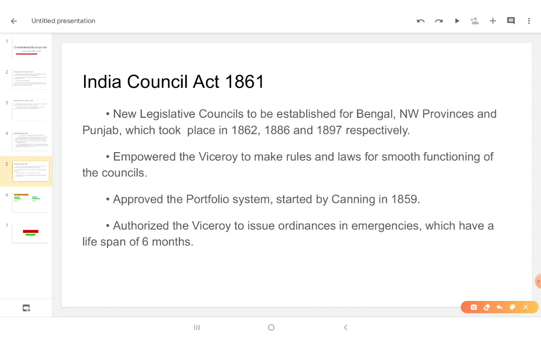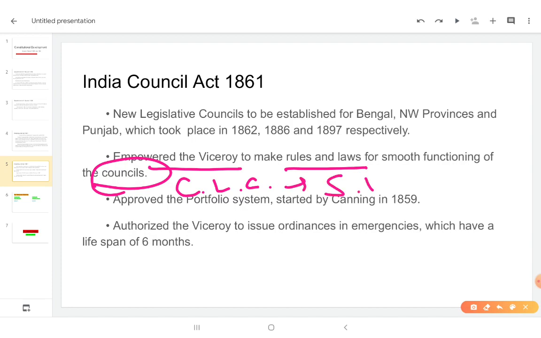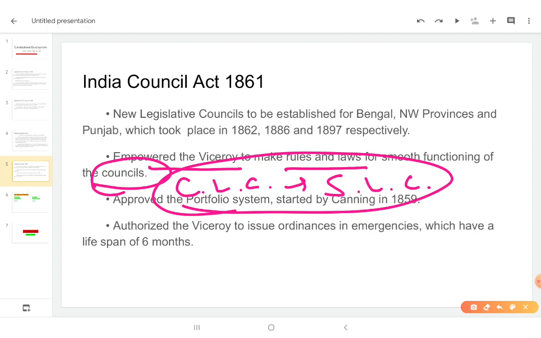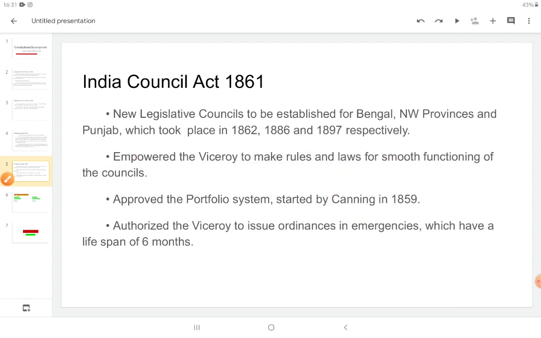Besides this act also empowered the Viceroy to make rules and laws for smooth functioning of the councils, CLC at that time, and other state legislative councils. So, Viceroy was empowered to frame the rules and laws for smooth functioning of these legislative councils. Besides this, the portfolio system was also started. This portfolio system was actually the ministry system that we call, or say the department system.